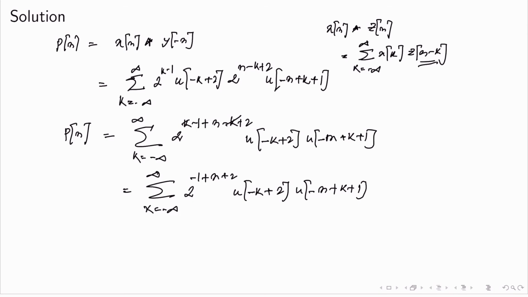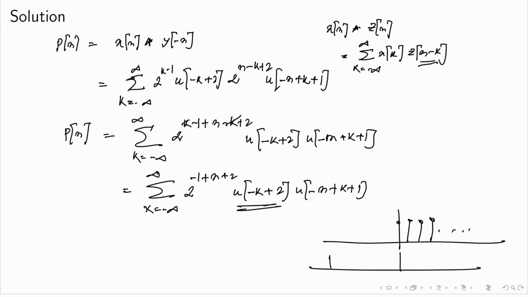Now let us look at this signal u of minus k plus 2. U of k is equal to 1 from 0 to infinity. U of minus k will be from minus infinity to 0, and u of minus k plus 2 will be shifted to the right.